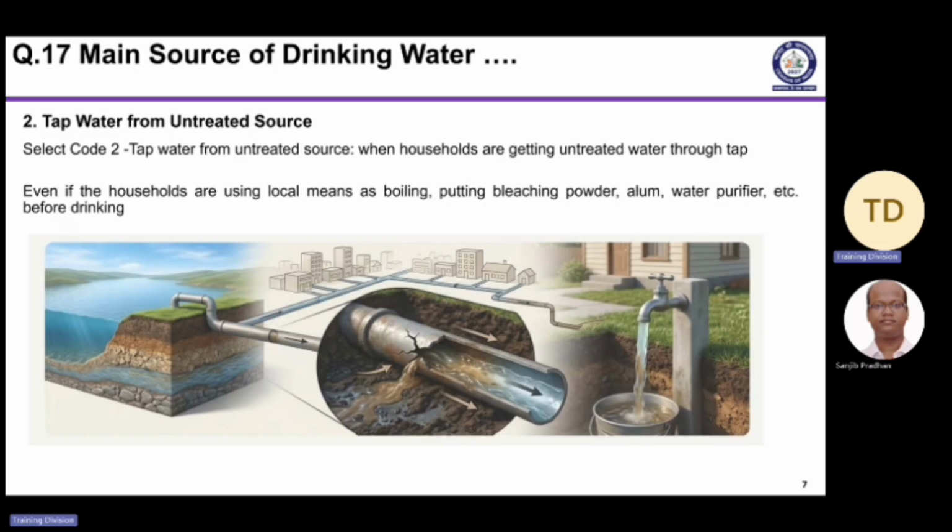Even if the local body or government does some chlorination or some chemical treatment, it does not mean the entire treatment plant must be there. Even if some chlorination or treatment is done, it will be treated as tap water from treated source. If nothing is done, we take it as untreated source. Already I have told that if the household does some treatment after getting the water, that doesn't mean the water is from a treated source.